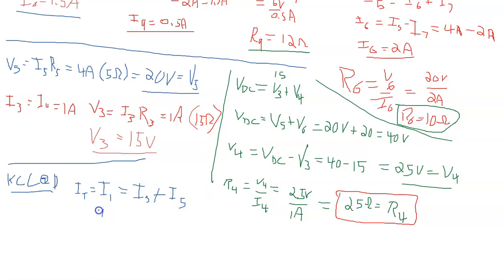And so I1 is right now what we're looking for, right? And so I3, remember, was 1 amp. I5 was 4 amps. So the total current in that circuit is 5 amps.